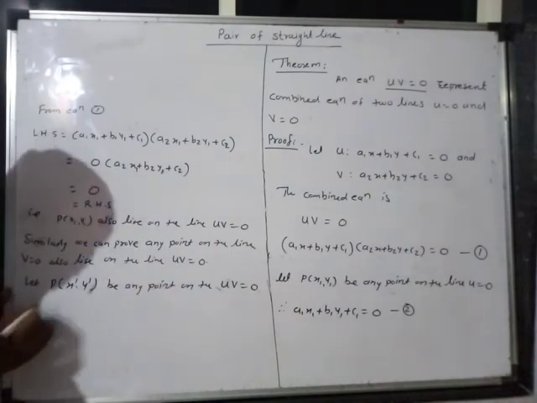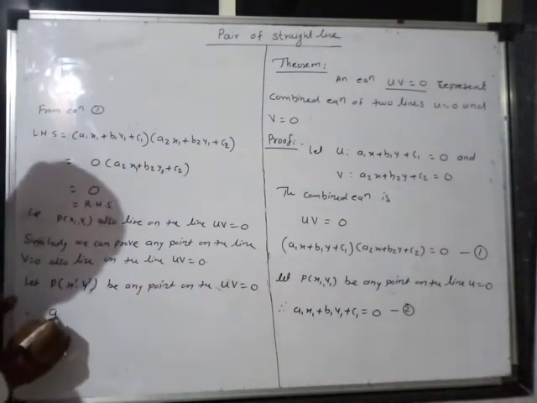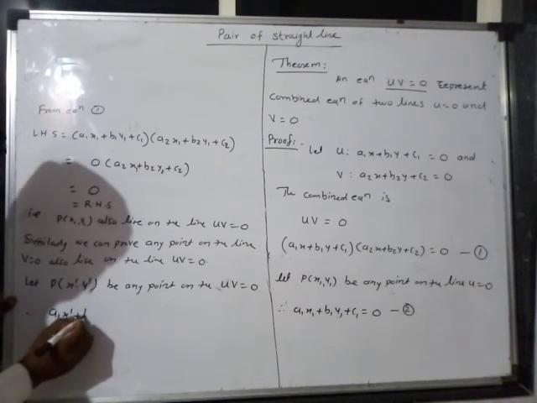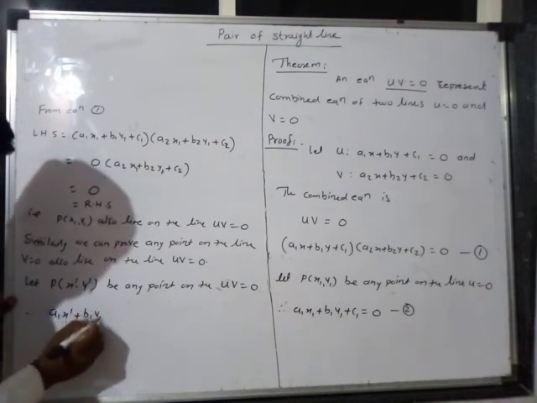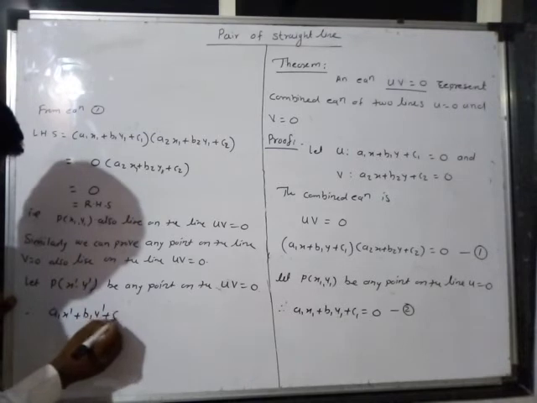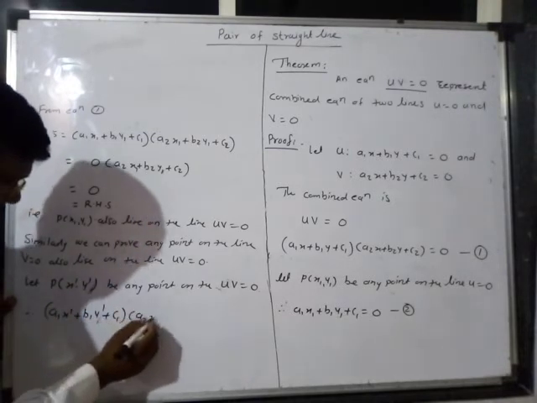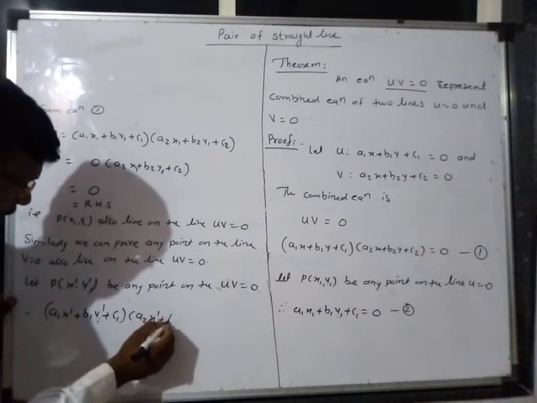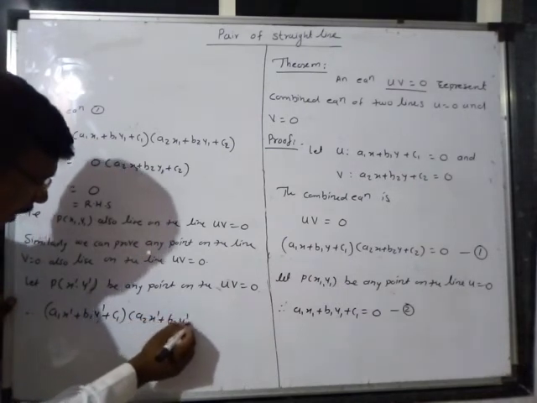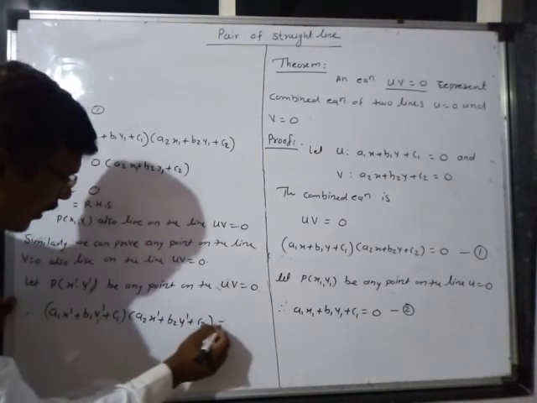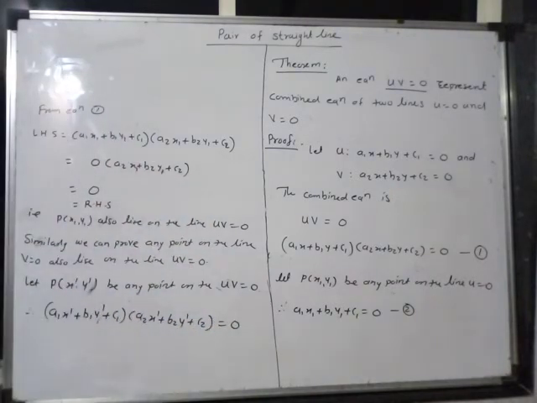Therefore (a1 x dash plus b1 y dash plus c1) into (a2 x dash plus b2 y dash plus c2), and this is equal to 0.